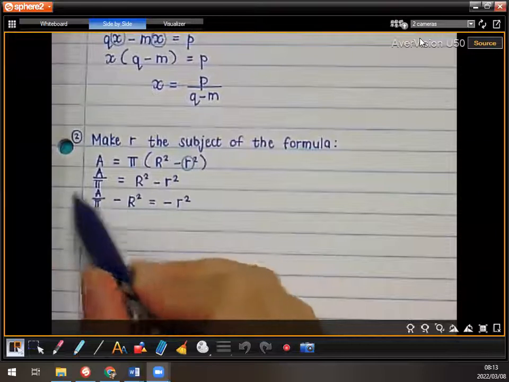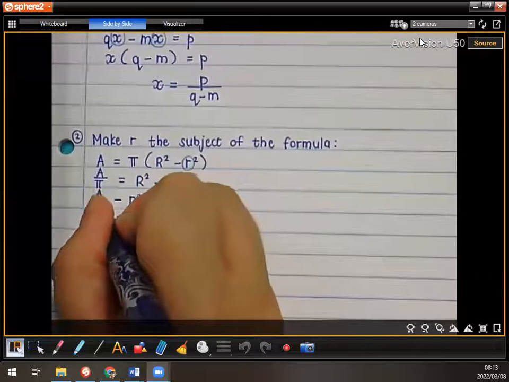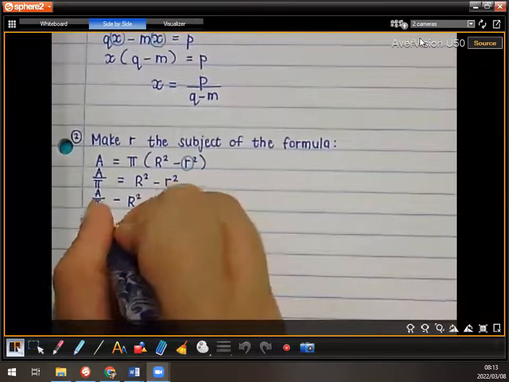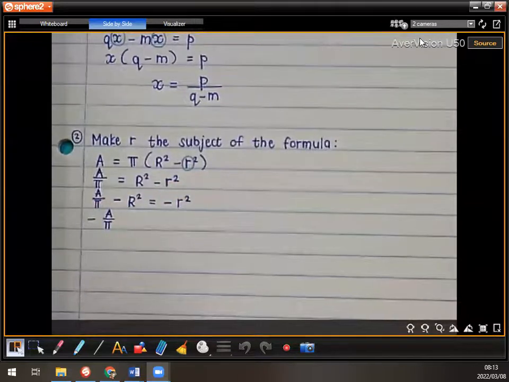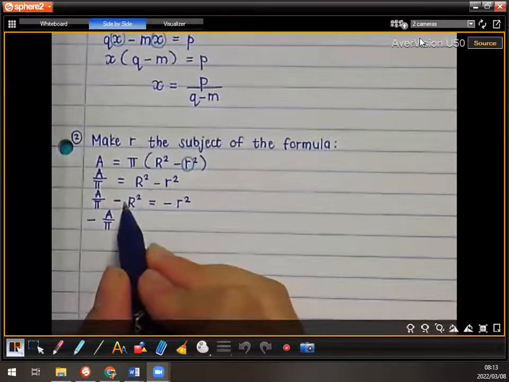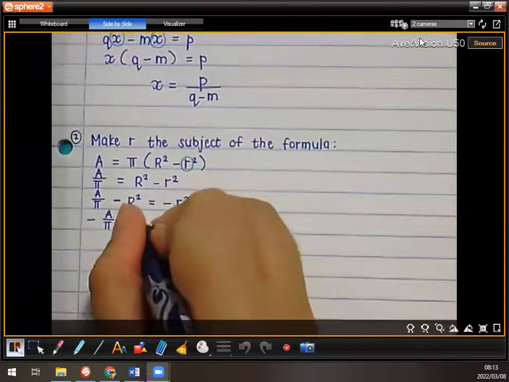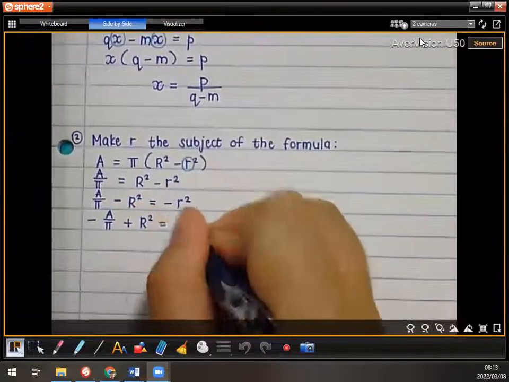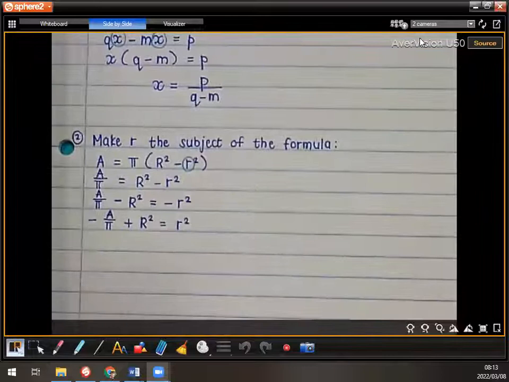So this is going to become negative a over pi. And this is going to become plus r squared equals r squared, right? I've divided every single term by negative 1.